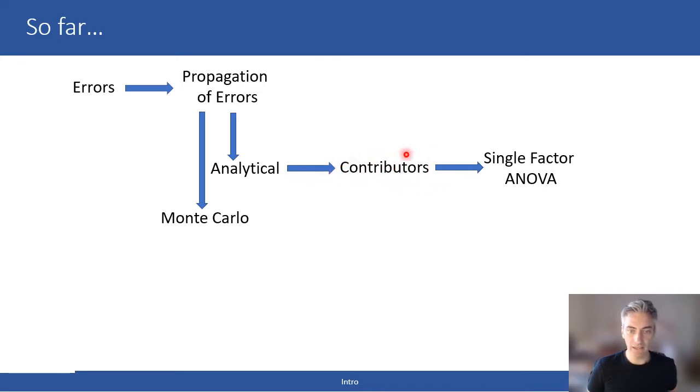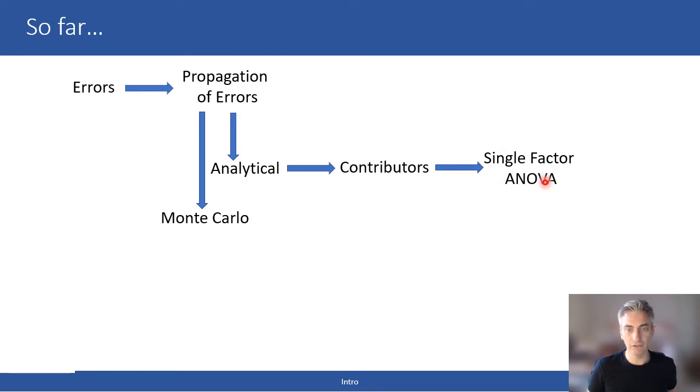And then in the last week, we looked at single factor ANOVA. So for example, if you had a system that relied on 3D printed parts, and maybe the quality of the 3D print affected the performance of the system, we could try to use ANOVA to identify and optimize the factors that are significantly affecting the quality of the 3D print.